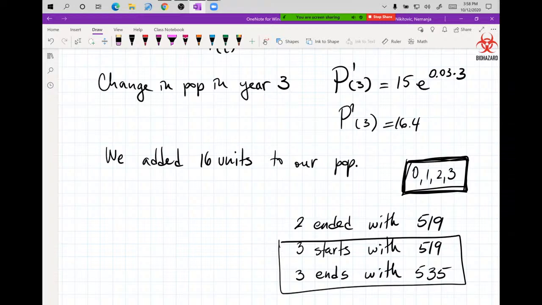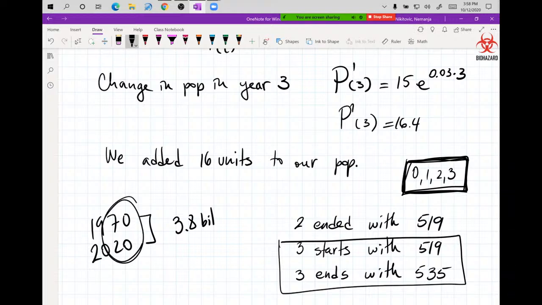So now, if you're thinking about the population, we can say we doubled the population of Earth in the last 50 years, right? I think 1970s to 2020, we doubled the population of humans on the planet. So that we added 3.8 billion people in these 50 years.